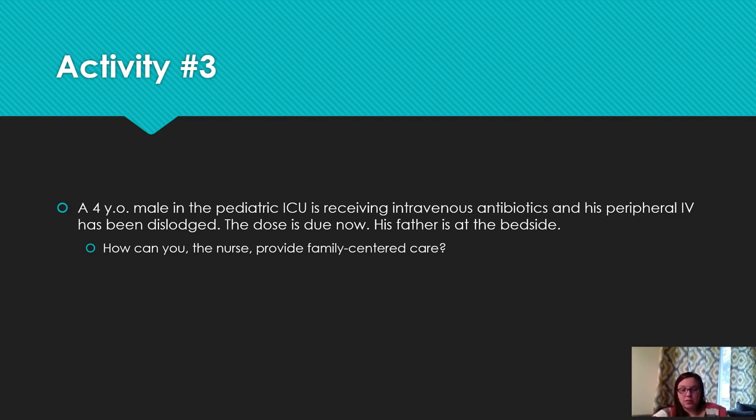So you're going to utilize the family if they're able to do that, and then if they're not comfortable with it, you're going to find out if they want to be in the room or out of the room. So it's really, again, incorporating what you need to do while utilizing the family, and especially if this was at night and there was less staff, utilizing the family can provide you as the nurse with more options as well.